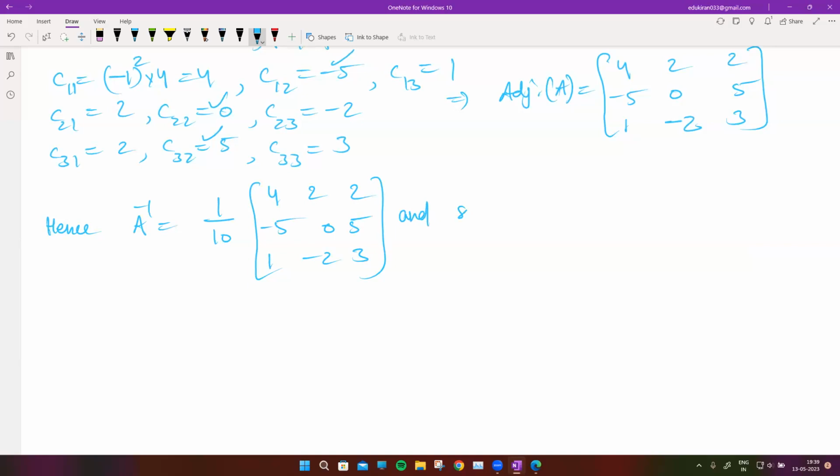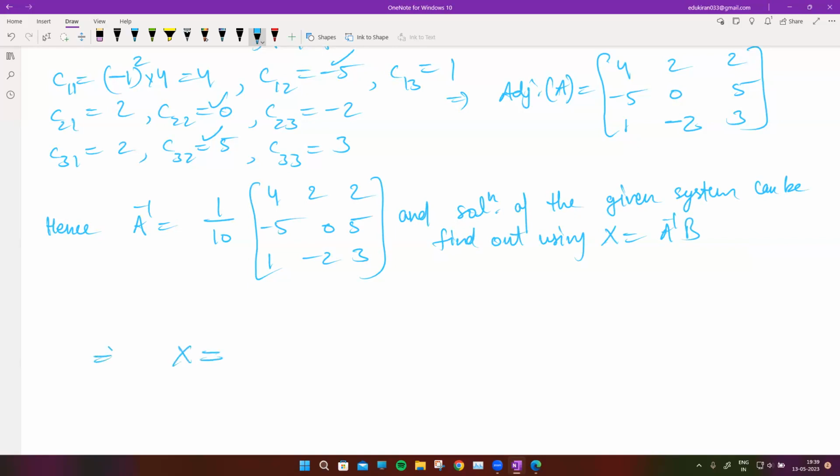And the solution of the system we can find out using X equals A inverse B. You have A, you have A inverse, you have B, you can find out the solution. So X would be equal to 1 by 10 into A inverse, which would be 4, 2, 2, minus 5, 0, 5, 1, minus 2, 3.